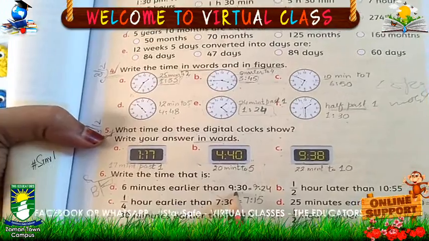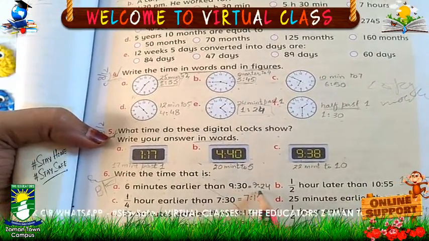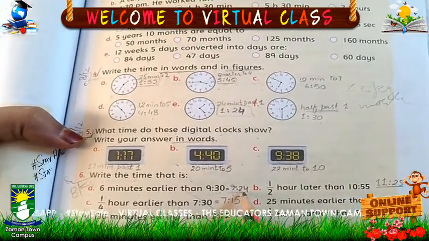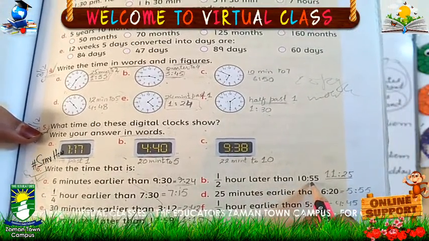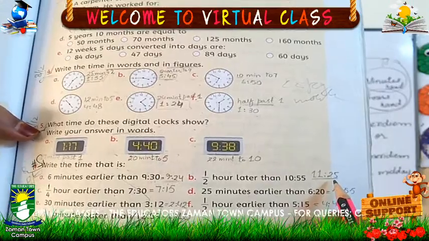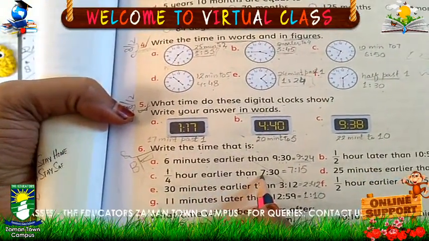So what time will it be? The time will be 9:24. You have to write in digits, okay? Number B, half hour later than 10:55. It means 11:25, okay?